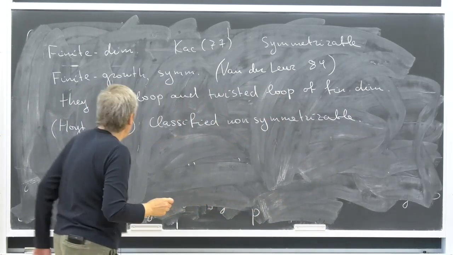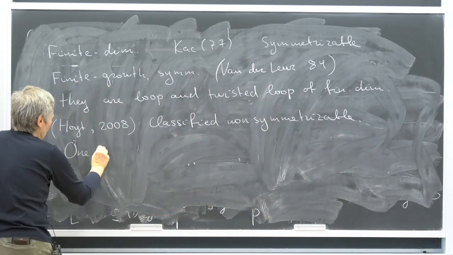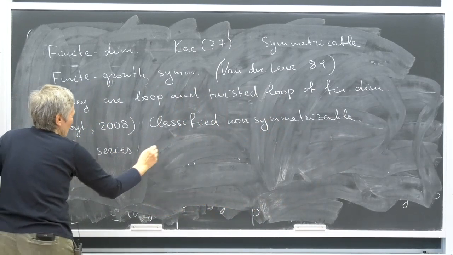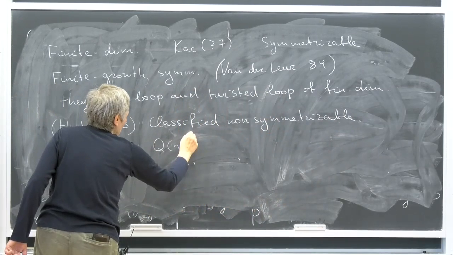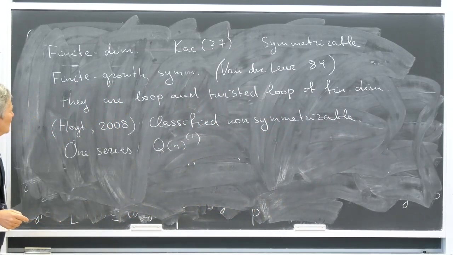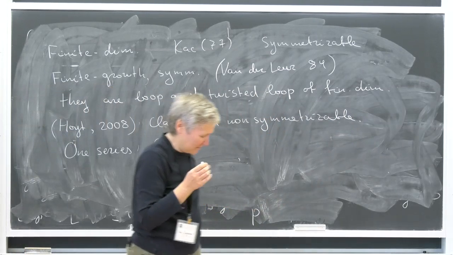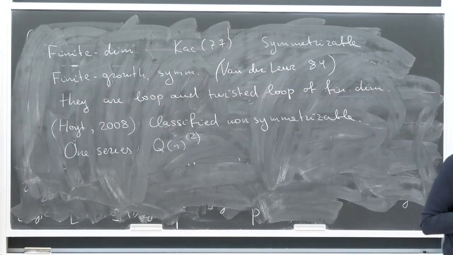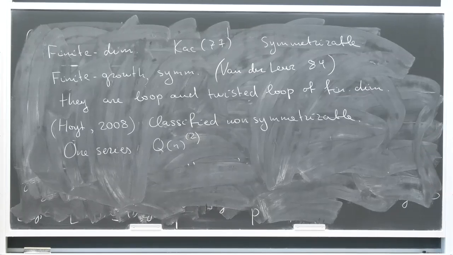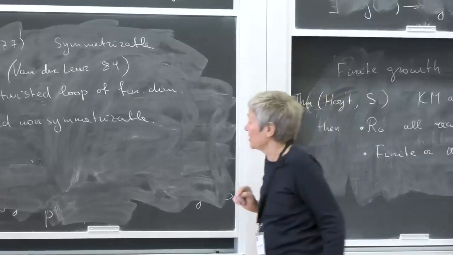And she got one series, which we call Q(M,2). So this is the following story. I might not have time to talk about it, but it is a twisted algebra of another algebra, which is not Kac-Moody, but you still can twist it. This is the algebra Q(N), people who know, and you can twist it. And then you get really a Kac-Moody algebra, which is not symmetrizable.